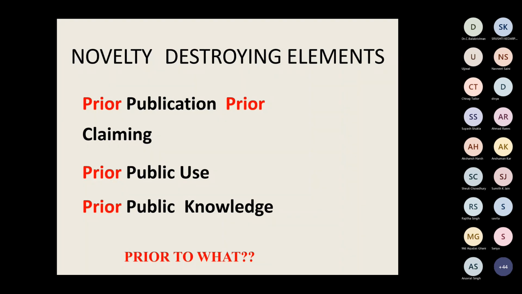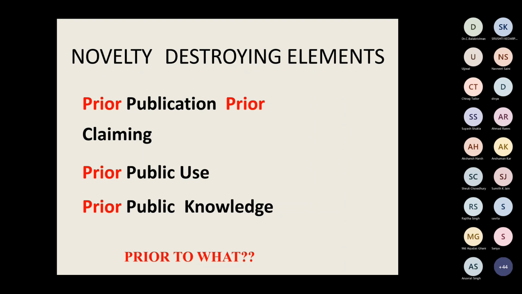Now, in December 2023, the examiner needs to know if it is novel, right? The examiner will consider all the documents or all the uses that have been made before your date of filing.